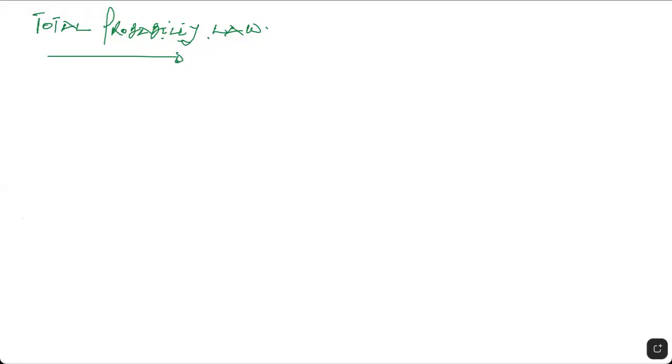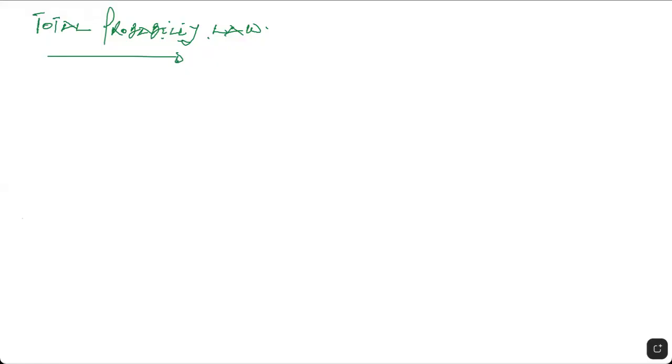And we looked at their extensions, their corollaries, right? How we can extend from just two event scenarios to three event scenarios and n event scenarios in generality.